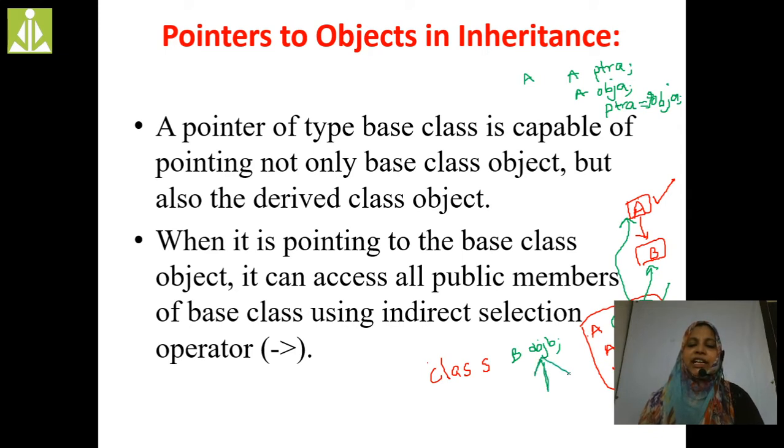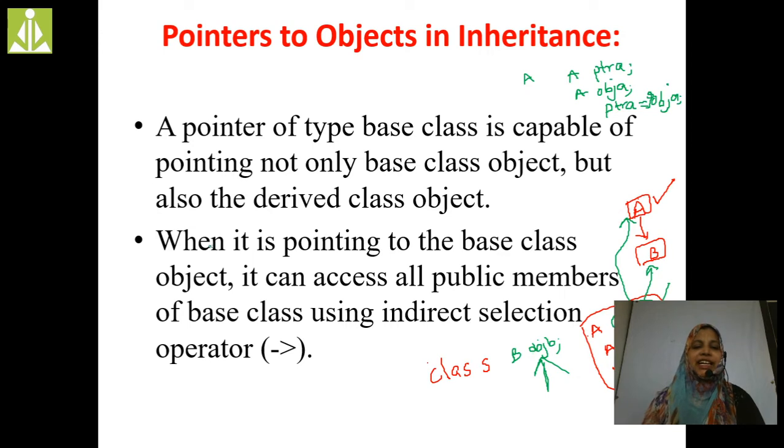What is the derived class object here? objB. What is the base class object here? objA. A single pointer can point to the base class object as well as derived class objects if we create the pointer to the base class.